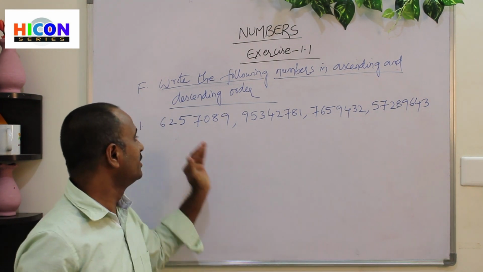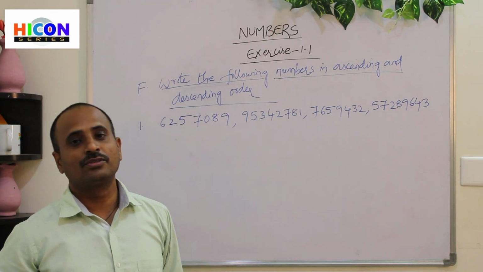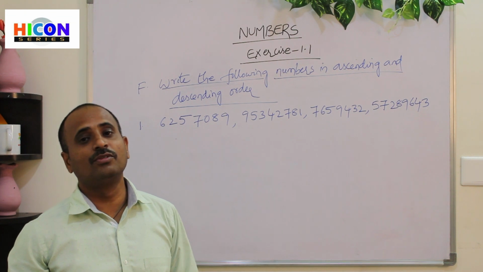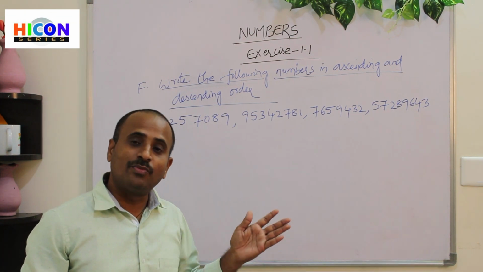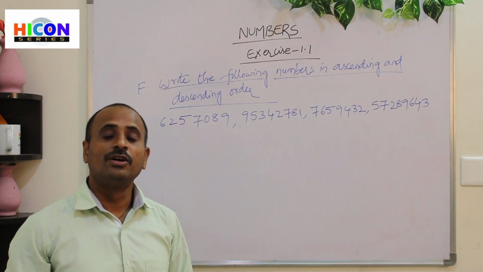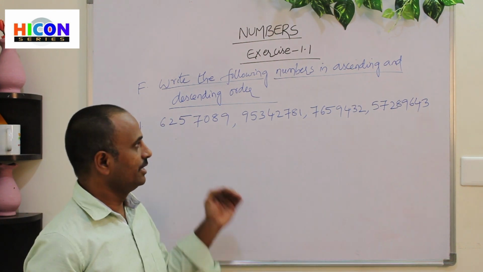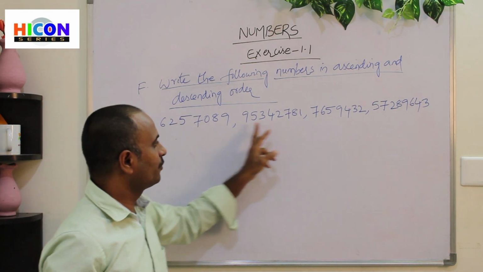We have to write these 4 numbers in ascending order and descending order. Already we have discussed how to write ascending order and how to write descending order. Ascending order means from smallest to greatest number. Descending order means from greatest number to smallest number. So let us see how to write ascending order and descending order for these 4 numbers.